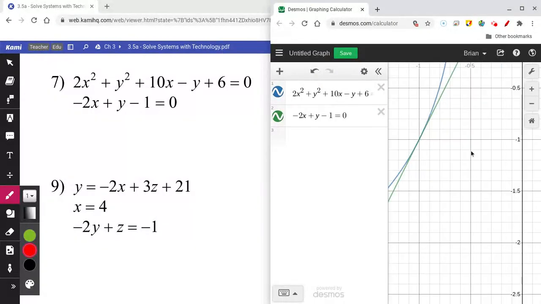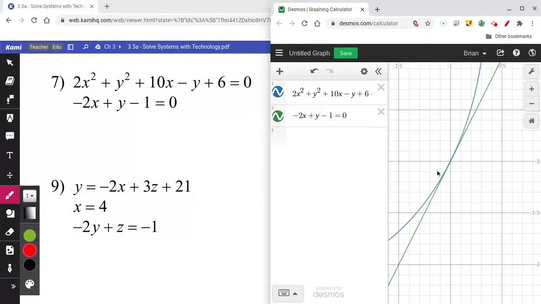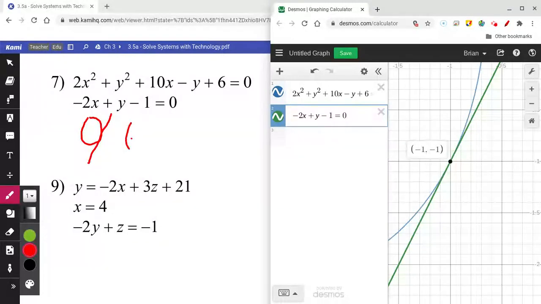Hard to grab it there, but it looks like they touch right there. There we go. -1, -1. Okay. So I've got an oval, and this line just barely touches that one place. -1, -1.